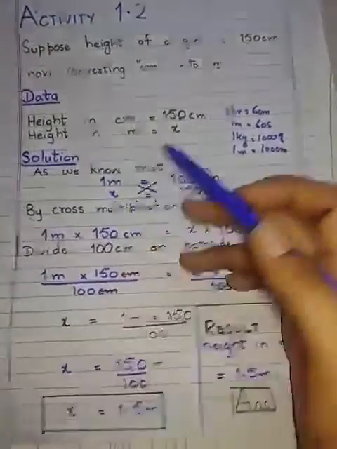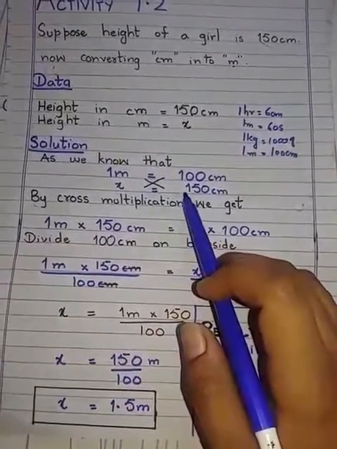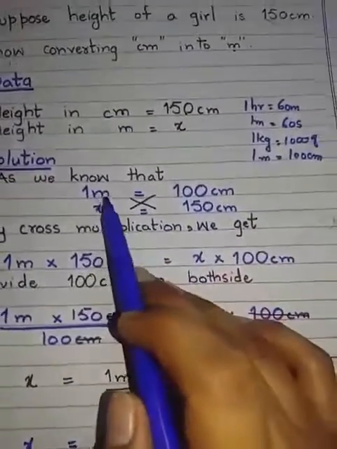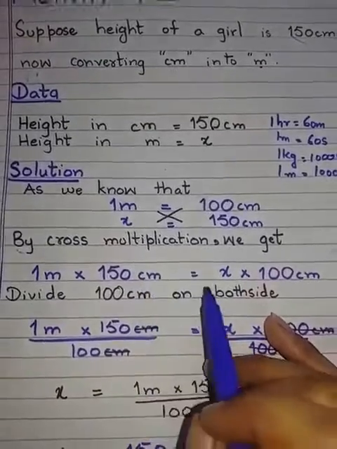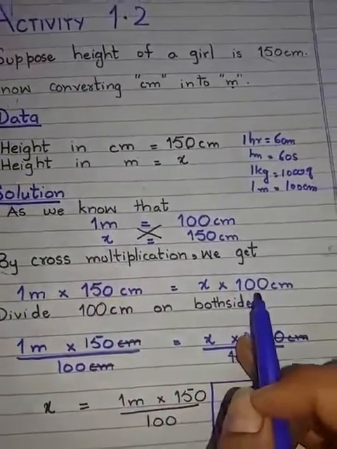So how can we calculate, girls? We can calculate it with the help of cross multiplication. By cross multiplication, 1 meter multiplied by 150 centimeter is equal to x multiplied by 100 centimeter.